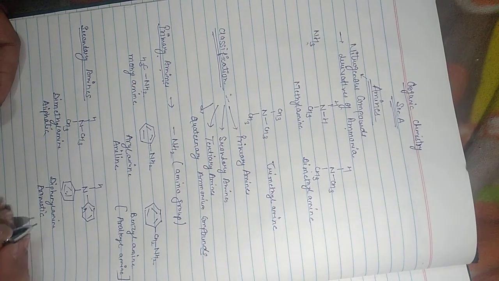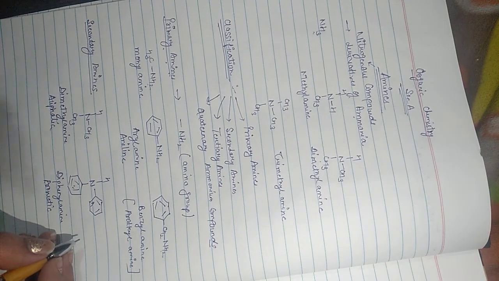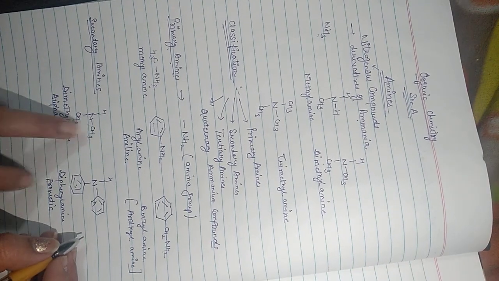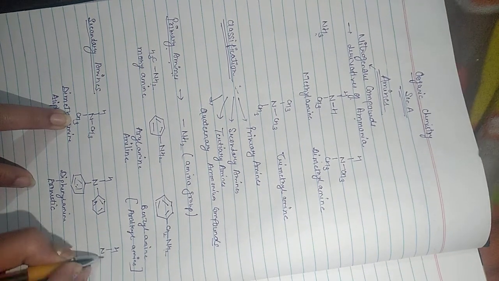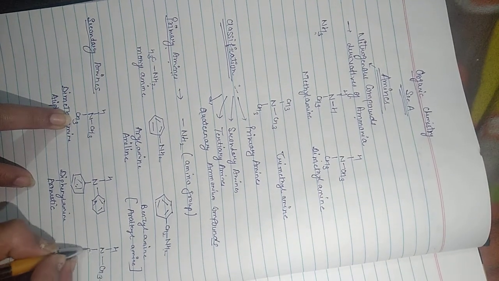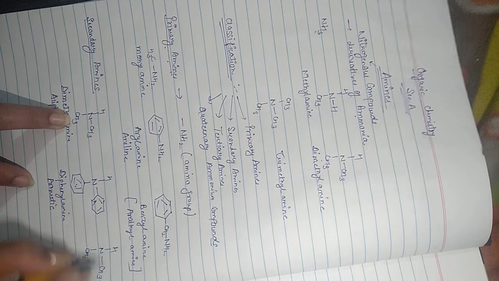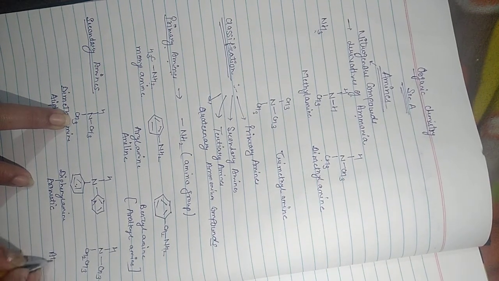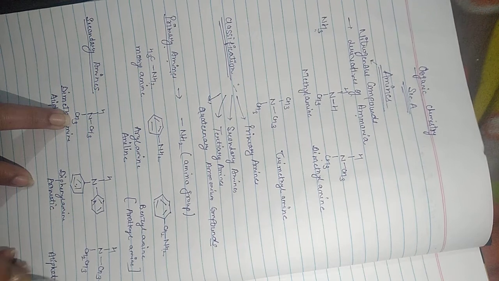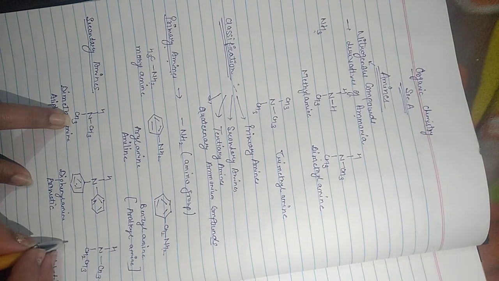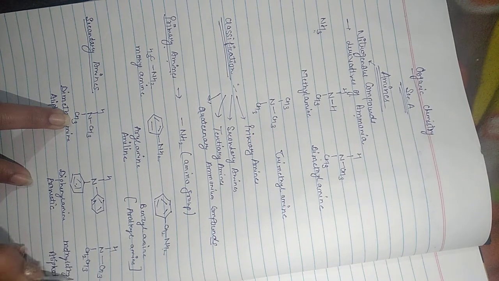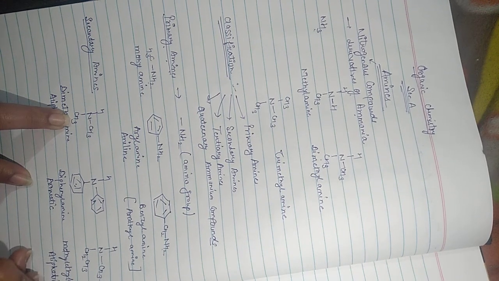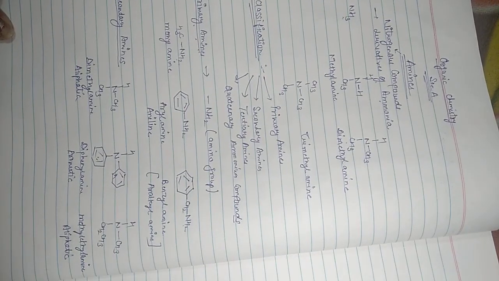We can have mixed secondary amines also, in which these two alkyl groups may be different, like methyl and CH2CH3, so it is again aliphatic and the name of this is methyl ethyl amine.